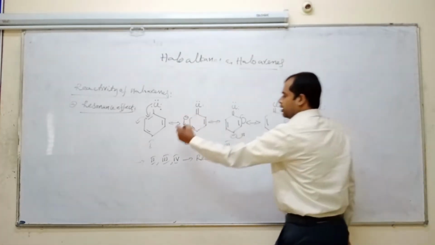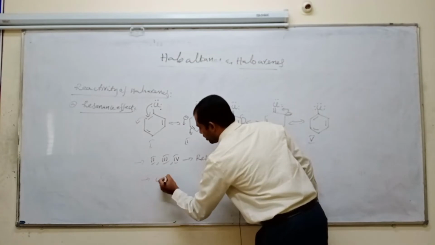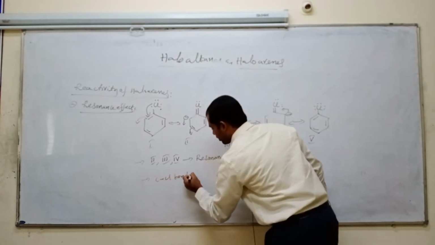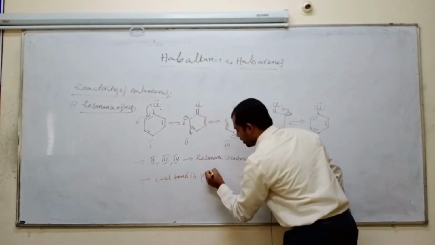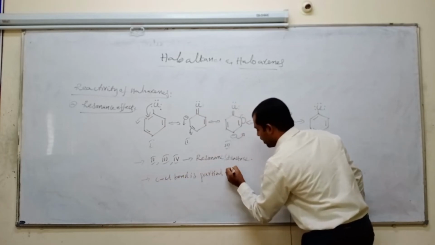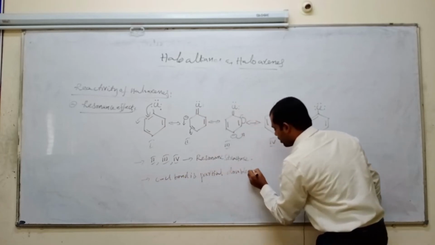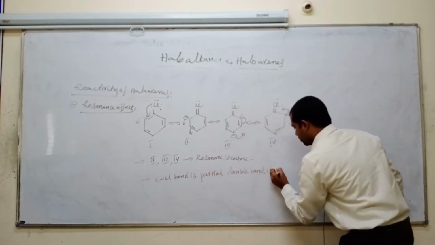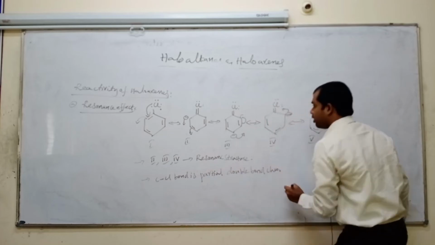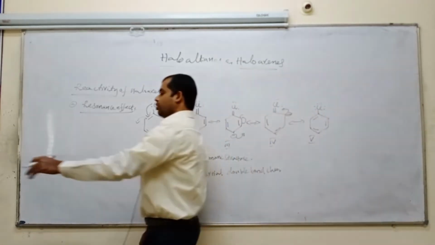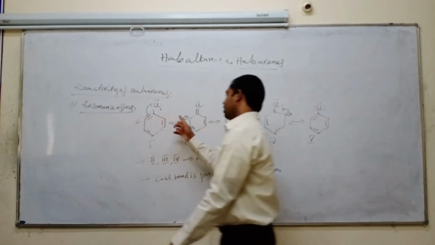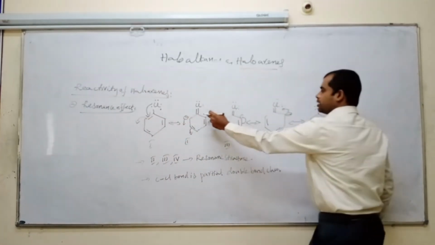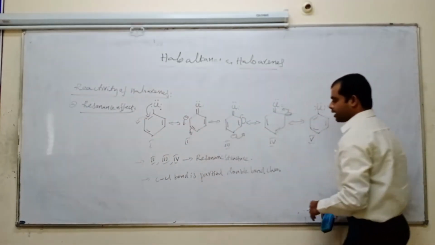And one more thing: the carbon-chlorine bond has partial double bond character. So once haloarenes undergo resonance, they form partial double bond character.